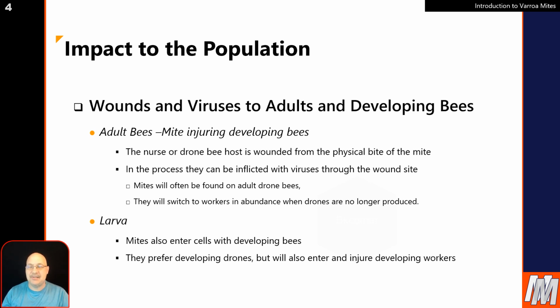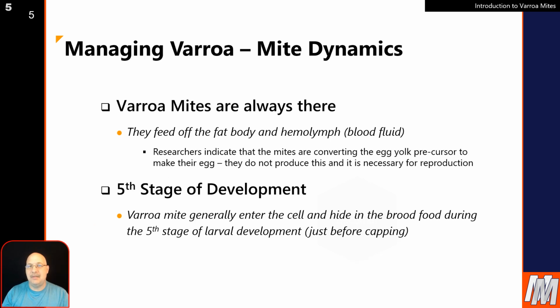Now, Varroa mites are found in the hive, on the bees, sometimes referred to as the phoretic stage, where they're hopping on to be transported around, and of course they will also enter into the developing cells of honeybees just prior to being capped. To expand upon that a little further, there are two places that the Varroa mite are going to attack the bees.